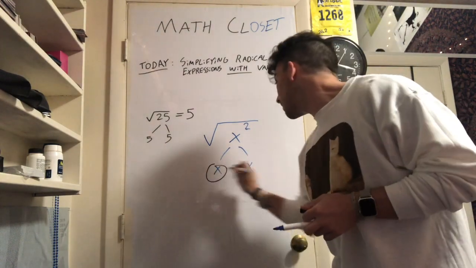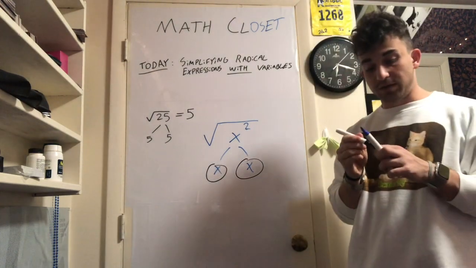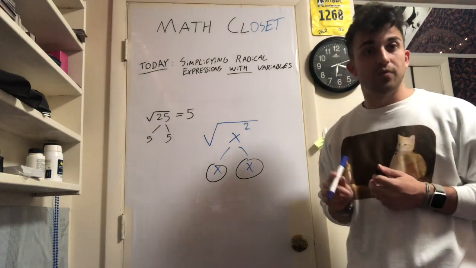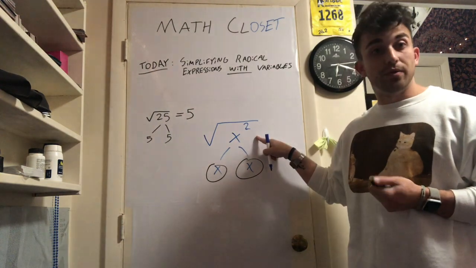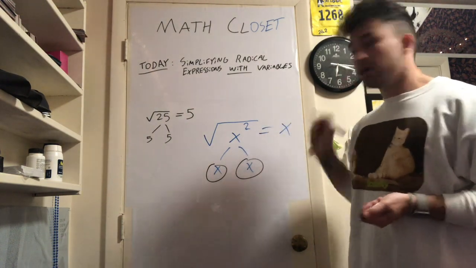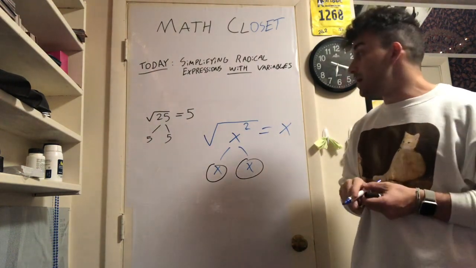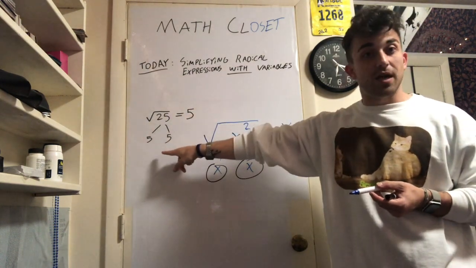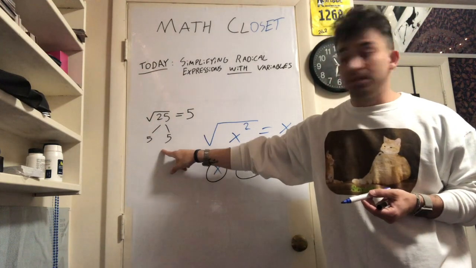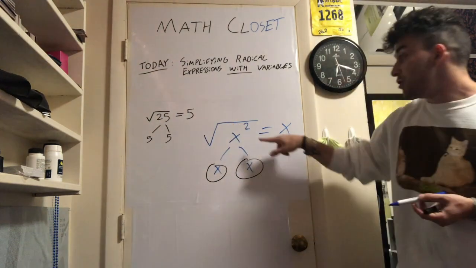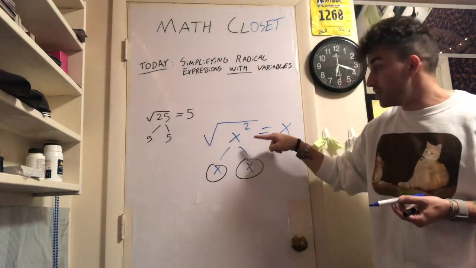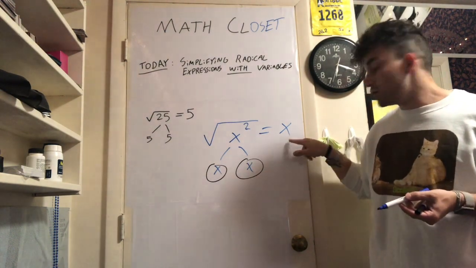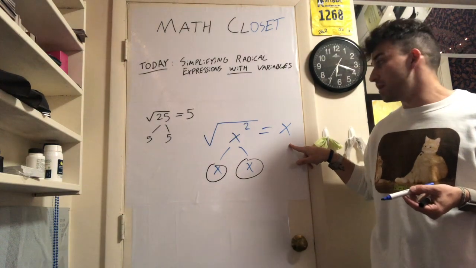I can identify a pair of factors there, and once I have a pair, they can go outside of the radical symbol. So the square root of x squared is x. Same idea as when we had 25. We broke down 25 into 5 times 5. I see something times itself, so it can come out. Just because I don't have a number doesn't mean I don't have something times itself. X squared is x times x, so I can pull the x outside of the radical symbol.